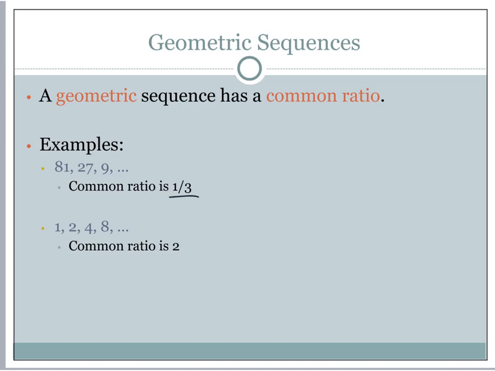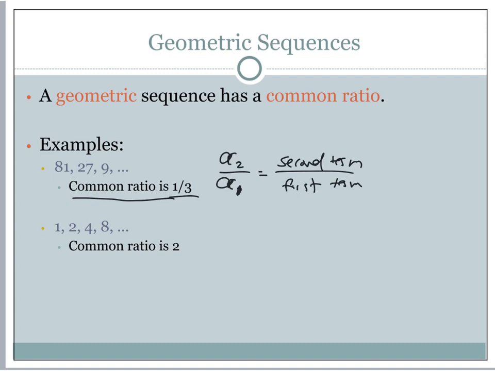A really easy way to figure out those common ratios is to take subsequent terms and divide them. You can take A2 over A1, the second term over the first term.